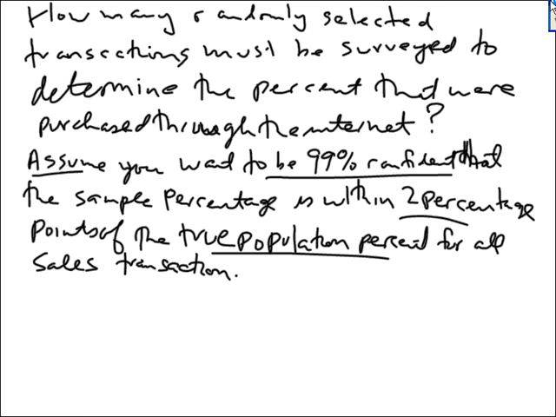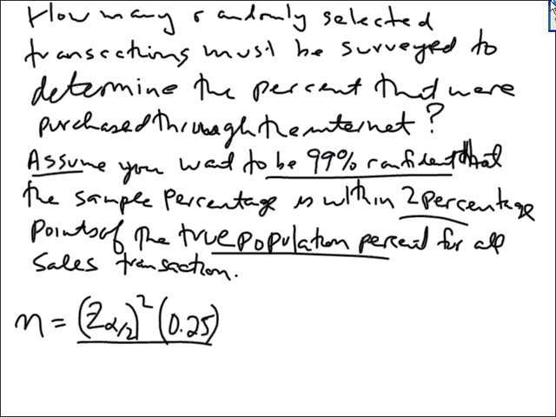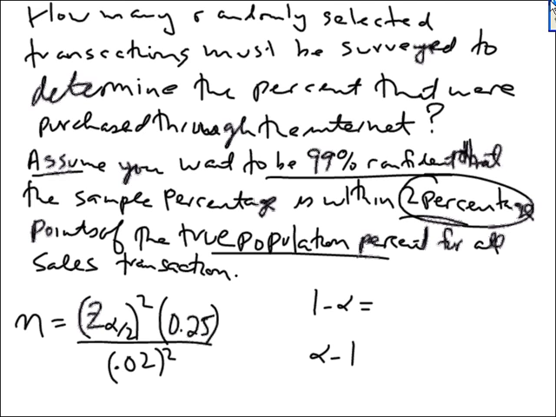Well, n is equal to z sub alpha over 2, all squared. Now, since we don't know p hat and q hat, we use the 0.25 number, and then we divide this by E, which is 2%, 0.02, squared. And if you're 99% confident, that means 1 minus alpha. I hope I haven't been writing alpha minus 1.